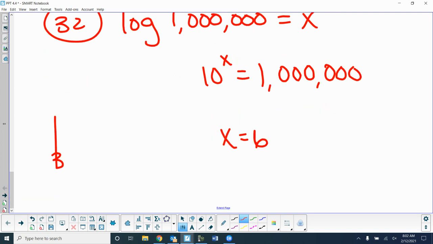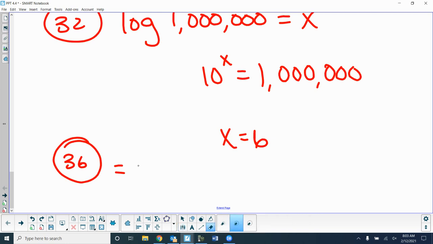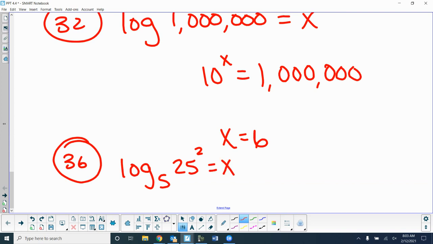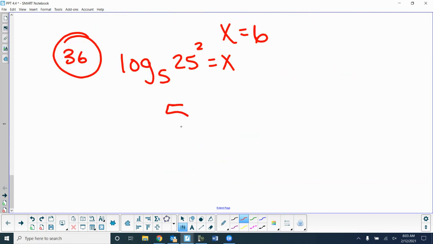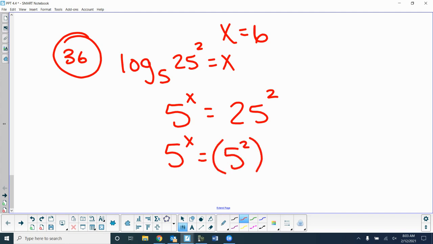36. Oh, I don't need what equals yet. Log base 5 of 25 squared. Remember, equals x. All right, so we're saying 5 to what power is 25 squared? Well, 25 I can write as 5 squared.